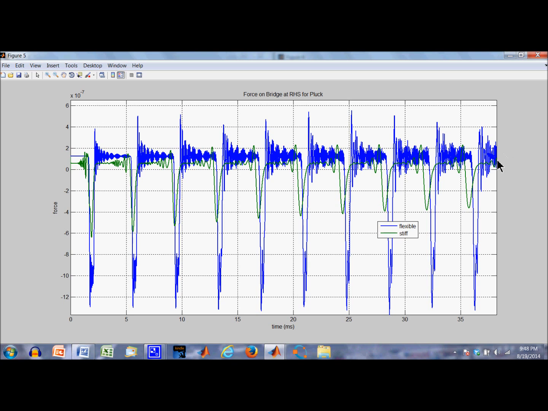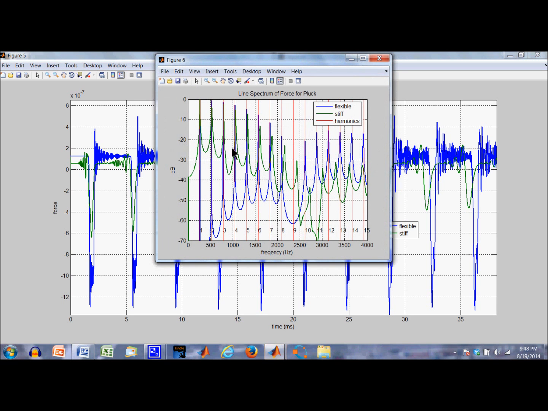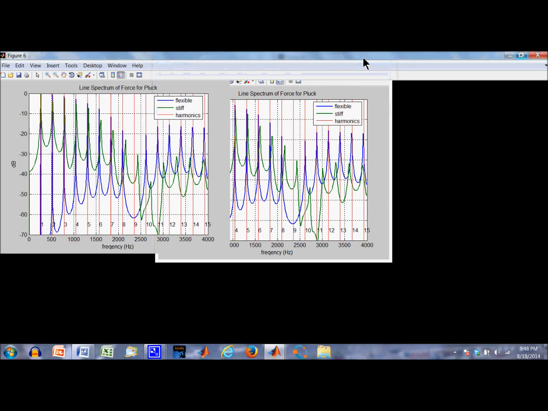You can also see over here that it gets kind of erratic, which is probably related more to the numerical method involved rather than the actual physics going on. Anyway, that's the difference in the force, and it makes sense because the stiff string is not going to turn the corners as quickly because it's stiff. It has elasticity.